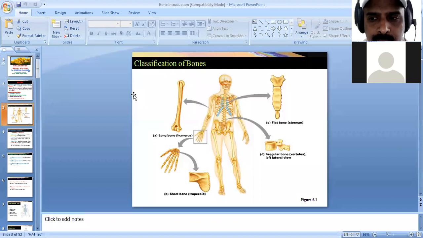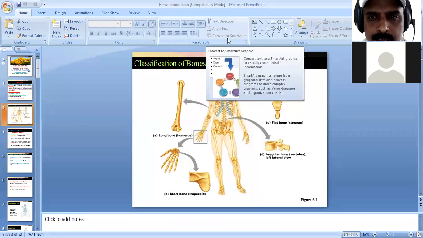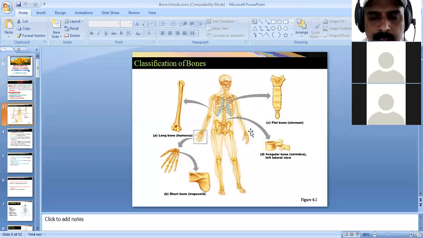So my dear students, you have to remember the classification according to the shape. First, the long bone. Long bone examples you have to remember: the humerus and femur, the radius and ulna, and the tibia and fibula.